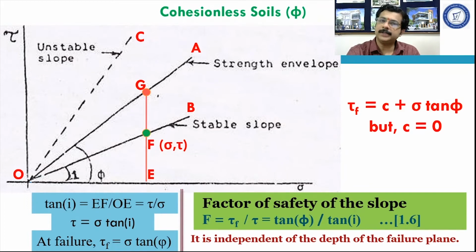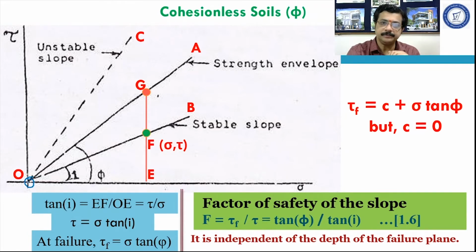So what will be its strength envelope? In the general equation we have seen that it is C plus sigma tan phi, but this being cohesionless soil, C would be 0. This C is nothing but the y-intercept on the graph, right? So C being 0, the y-intercept will disappear and the strength envelope will pass through the origin.